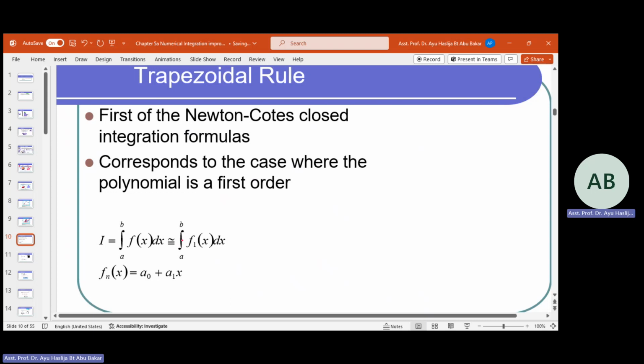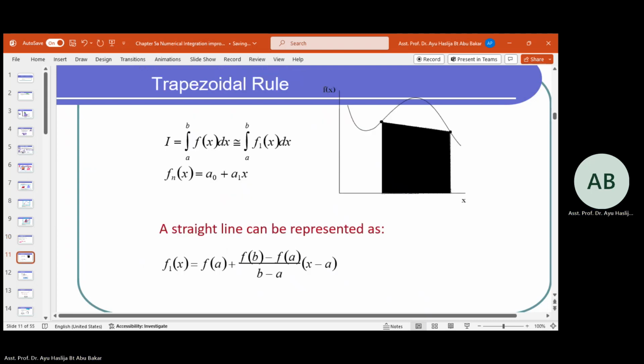Okay, let's say, for example, we integrate this function where f1(x), sorry, the 1 over here is n equals to 1. So that's why it involves only 2 points, x0, x1. Here x0, x1.